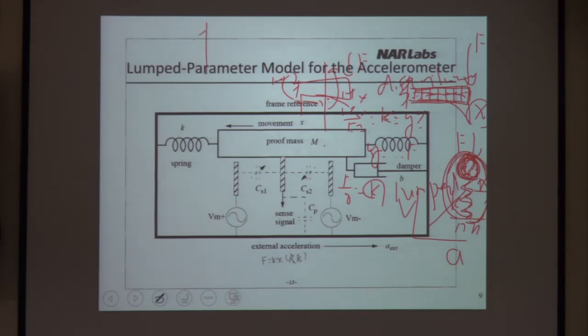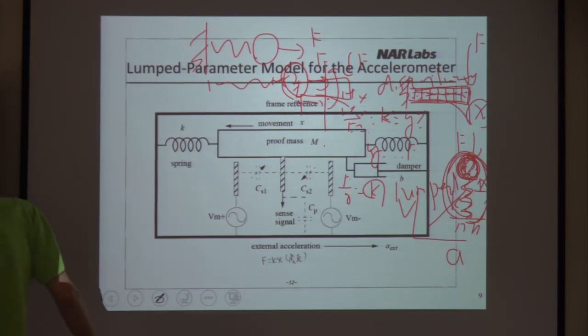Okay, if we have this simple model, we apply force F, then this one will become... okay, next page.